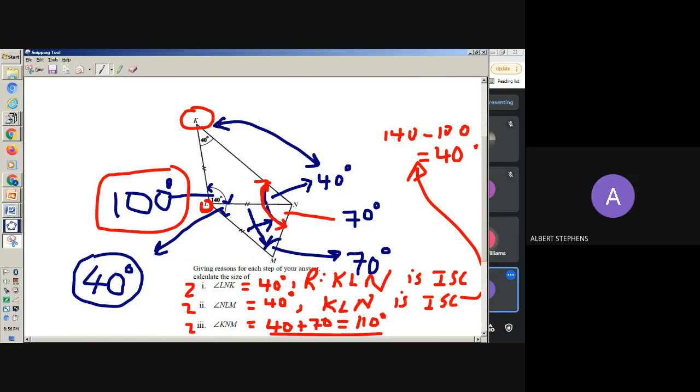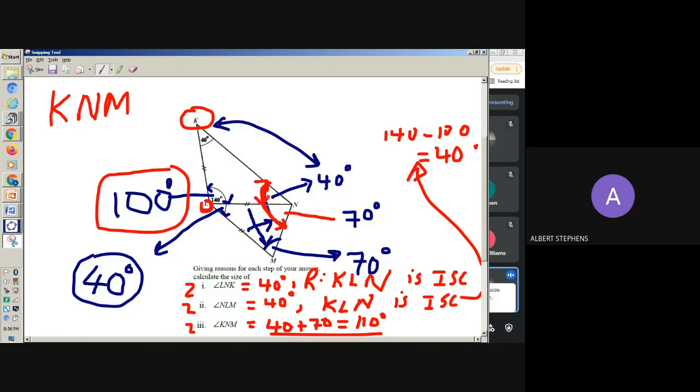Sir. Mm-hmm. So why include the 40 in the 110 in the last part? All right, good question. The question says to find angle K to L. Sorry, not L. K to N to M. So look now, K to N to M is all of this piece here.